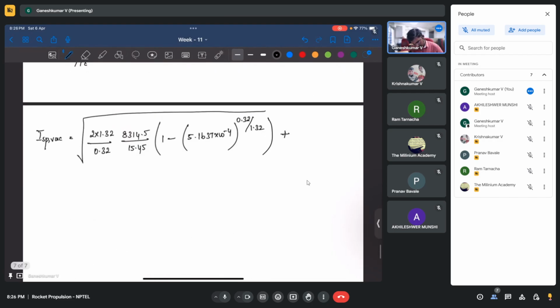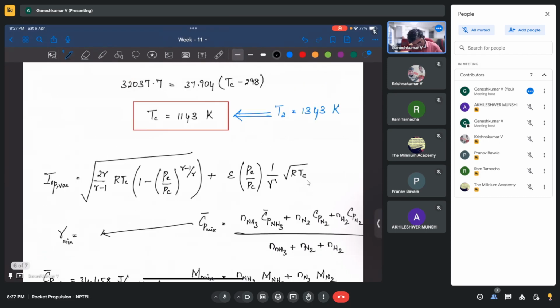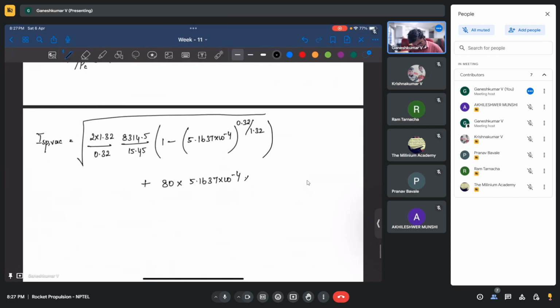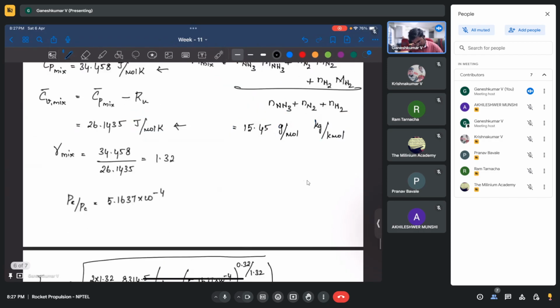80 times 5.1637 into 10 power minus 4, into square root of 8314.5 divided by 15.45 into Tc. Oh, I didn't multiply Tc here also. How much? 1343.